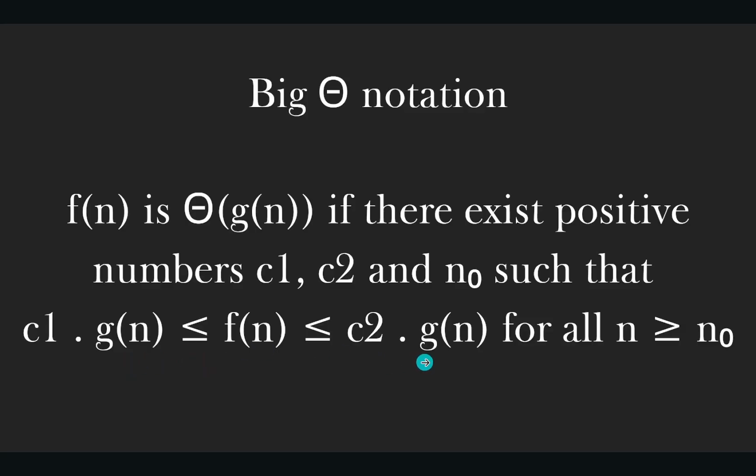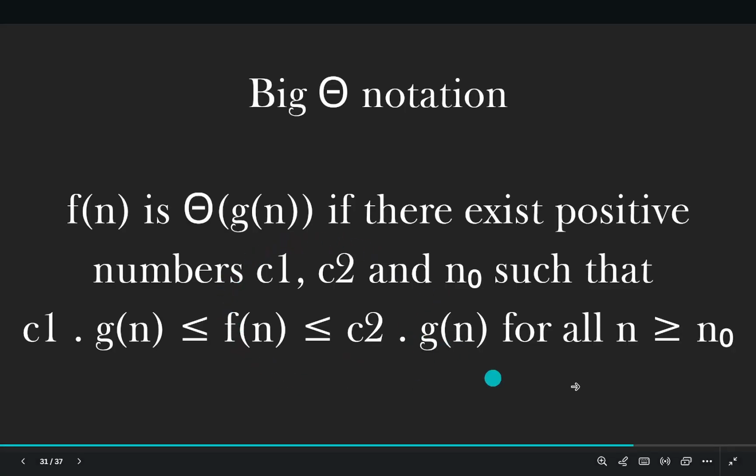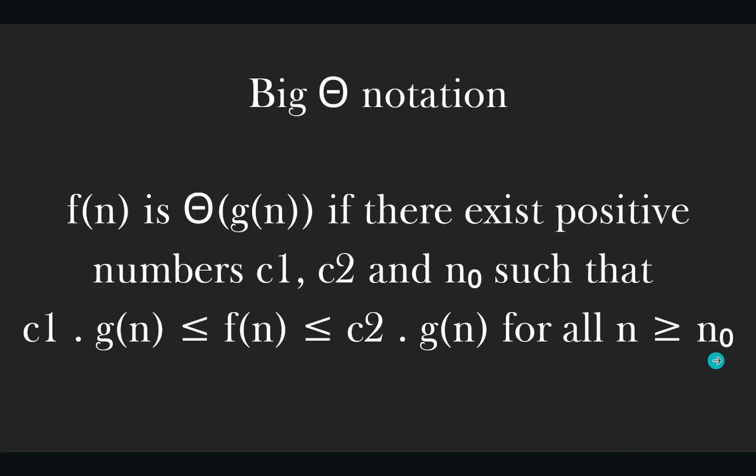The condition is that if you multiply Gn by a particular C2 value, it should be greater than Fn after n naught. And if you multiply the same Gn by another constant C1, it should be less than Fn for the same n naught value.